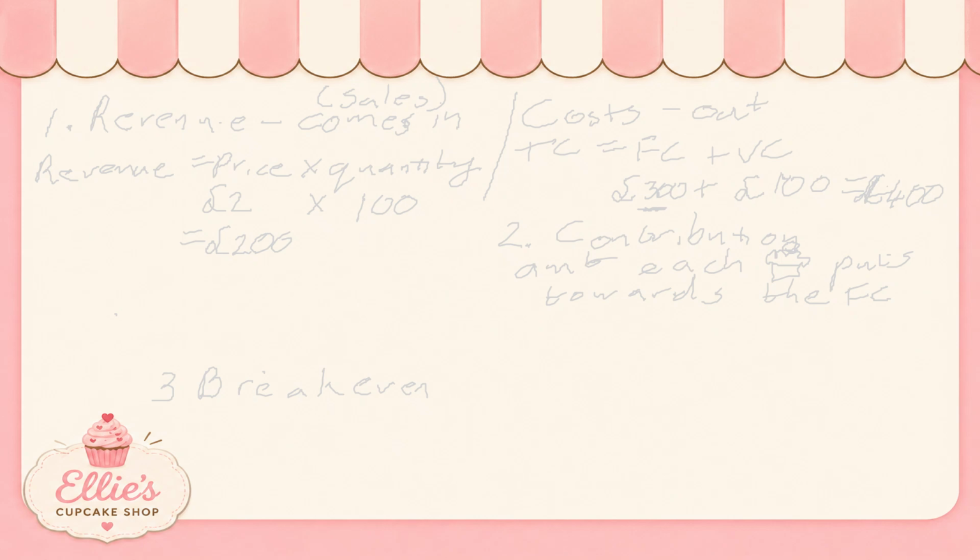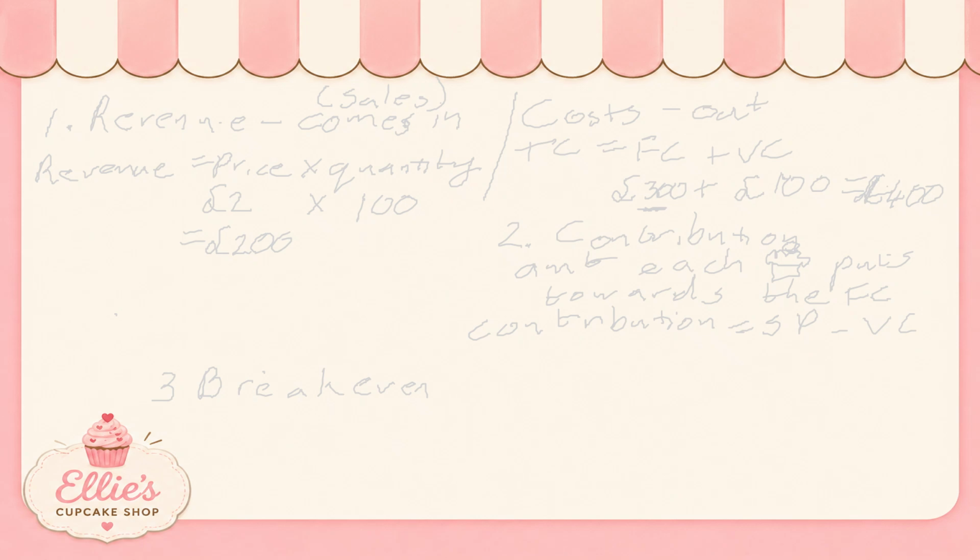Okay. So for contribution, we do have a formula. Contribution is equal to selling price minus variable cost. Okay, and it's variable cost per cupcake, per output.